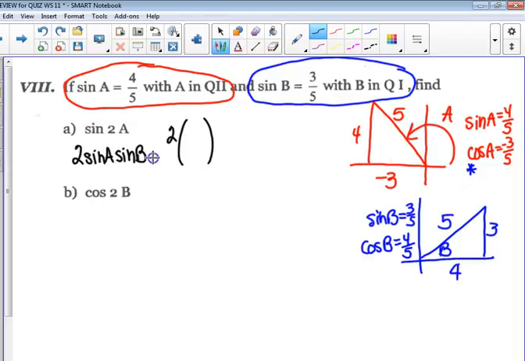Oh, sine A. Oh my goodness, what did I just do? Me too. I'm like what? Oh my goodness. I told you I was sleepy when we started. 2 sine cosine. Okay, so putting the values in, we have 2 times what?